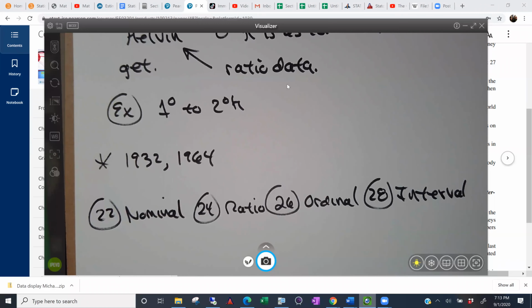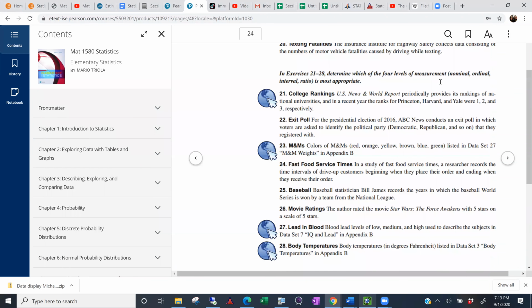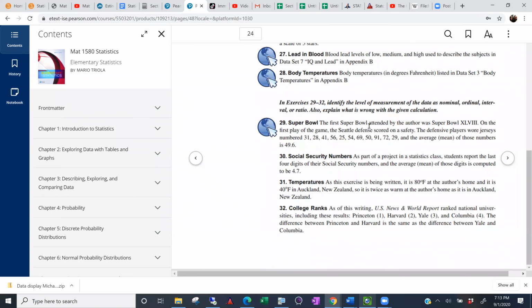All right, one last one, kind of by way of a bonus. So again, we want to apply ourselves and think about these 4 different levels of measurement and what kind of data you would have if you collected as part of a class project in statistics the last 4 digits of somebody's social security number.